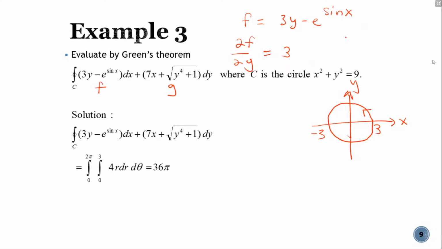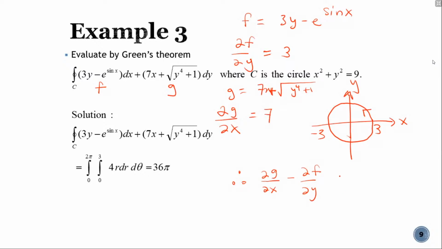And our g is 7x plus the square root of y to the power 4 plus 1, but g needs to be differentiated with respect to x, so we only have 7x, differentiate we get 7. So finally apply it: differentiate g with respect to x minus differentiate f with respect to y. So what you have is 7 minus 3, which is equal to 4.